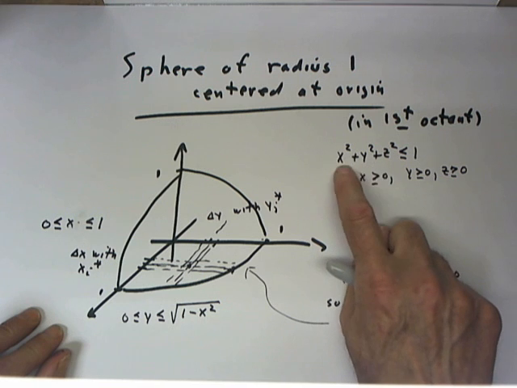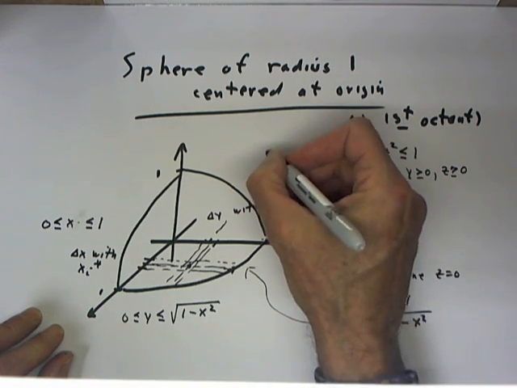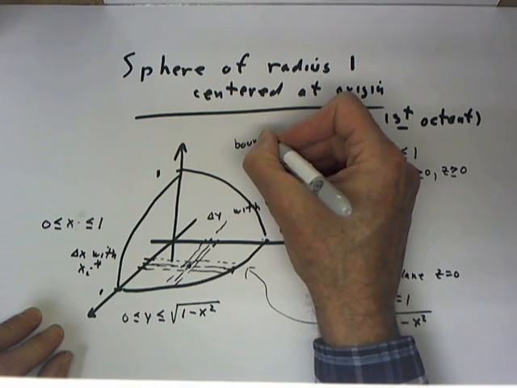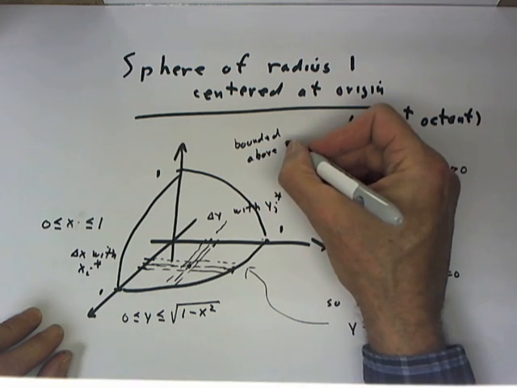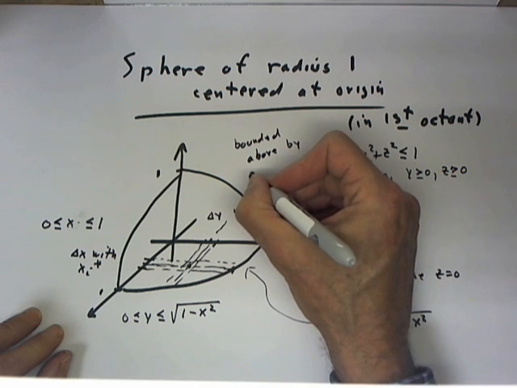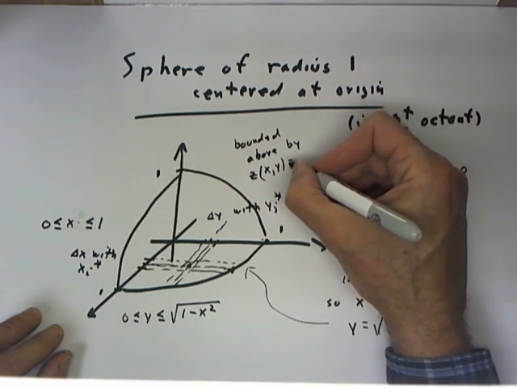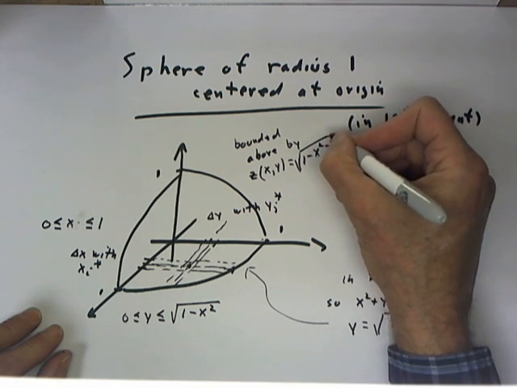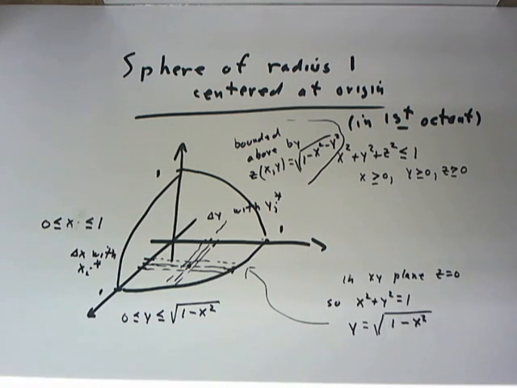Well, if we know the coordinates x and y, we can figure out that the bounding surface is just z of x, y equals the square root of 1 minus x squared minus y squared.